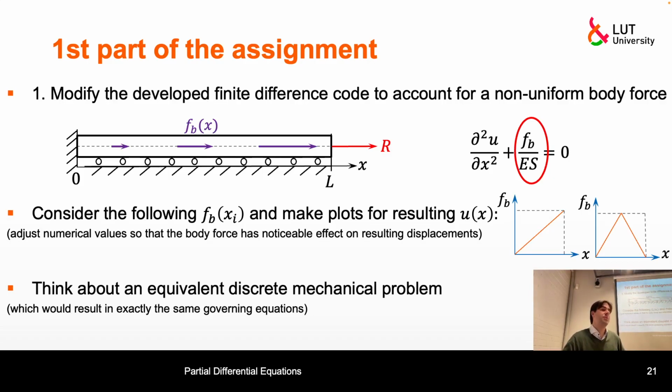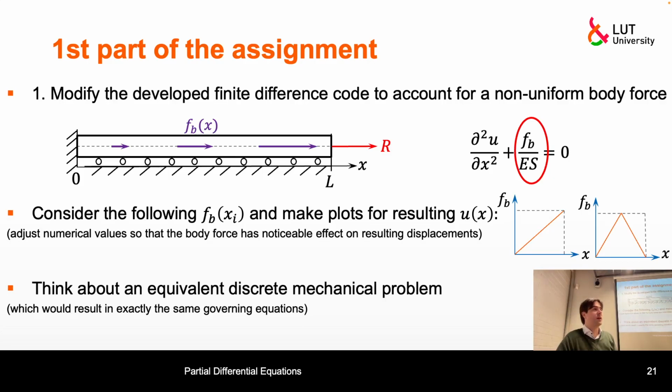Or even more simple, if you imagine for a moment that this bar is a vertical bar and you just have gravity applied to it. So it also stretches it. And those are two typical examples of body forces.